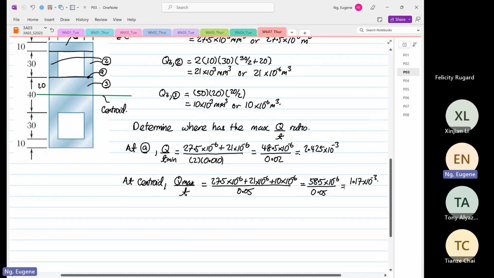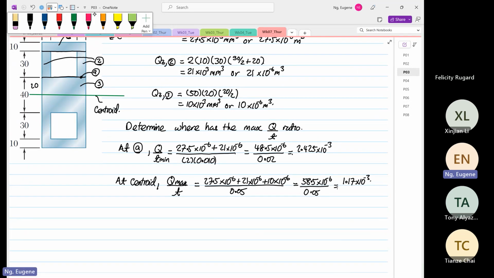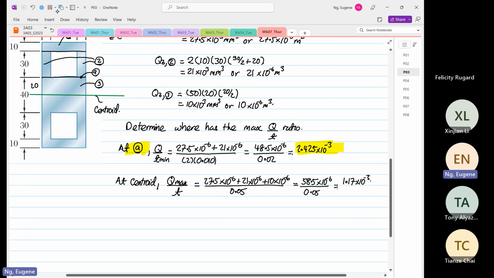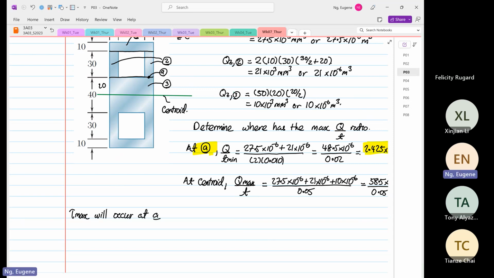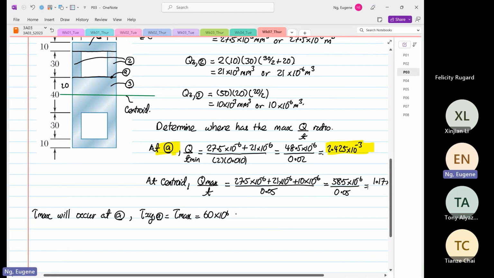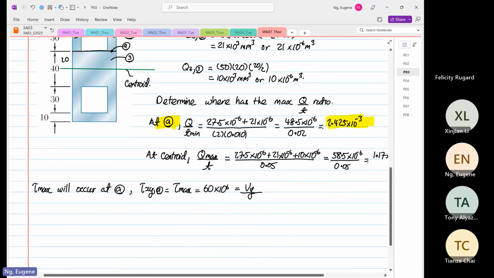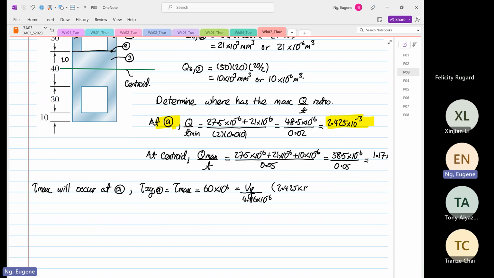So from here, we know that this value over here has the highest ratio at point A. So we can write this out: tau max will occur at point A. Okay, so now we can determine V. We know that tau shear XY at point A is equal to tau max, and given that it is equal to 60 times 10 to the power 6, which is equal to Vy, which is what we're trying to determine, over Izz, which is 4.86 times 10 to the power minus 6, and then we use the ratio of 2.425 times 10 to the power minus 3.